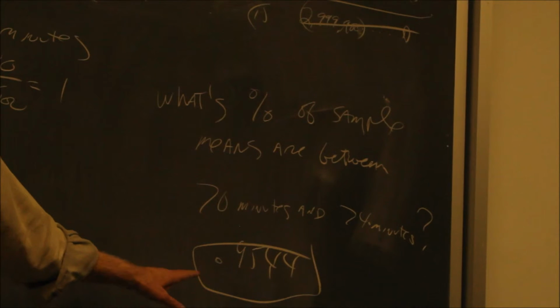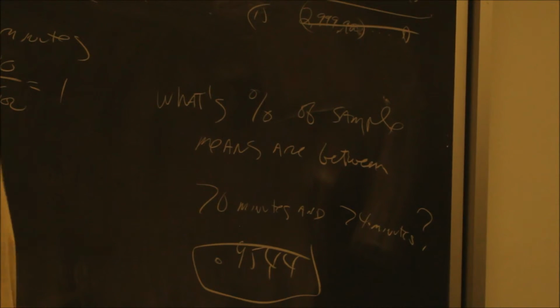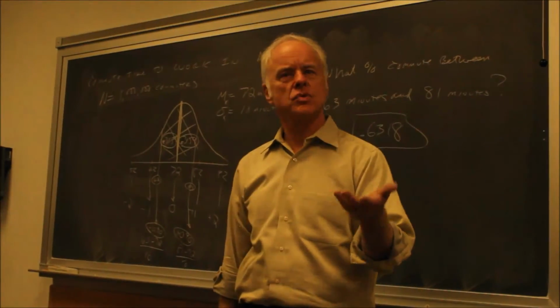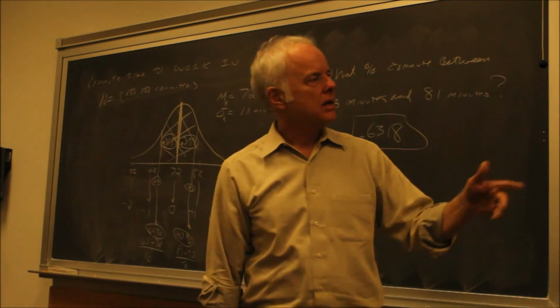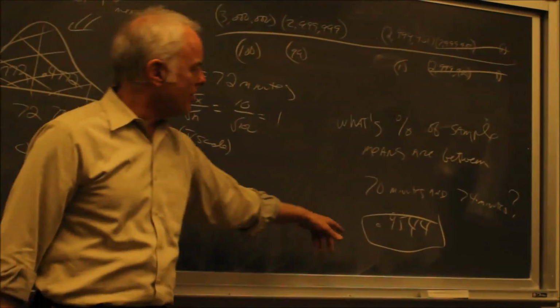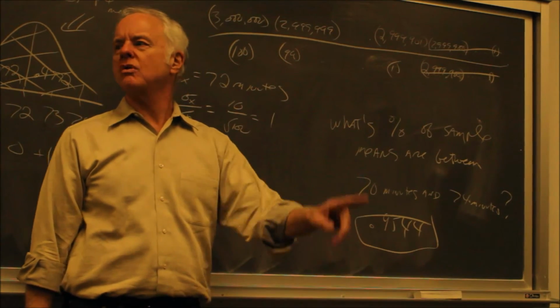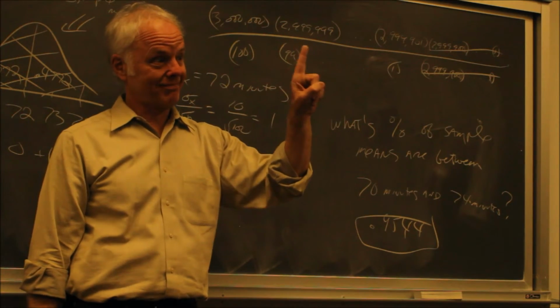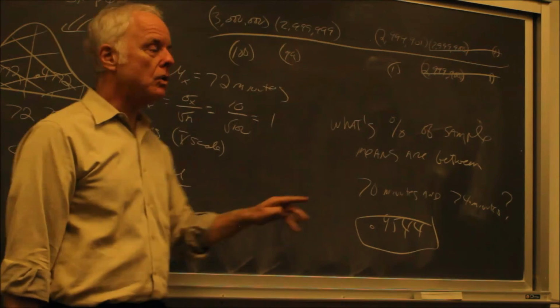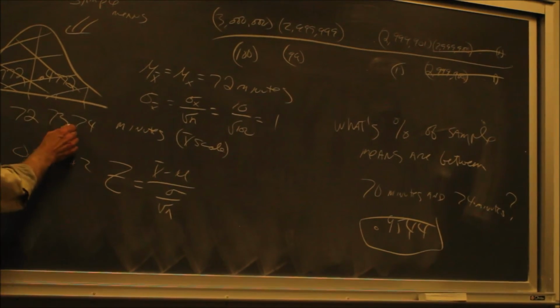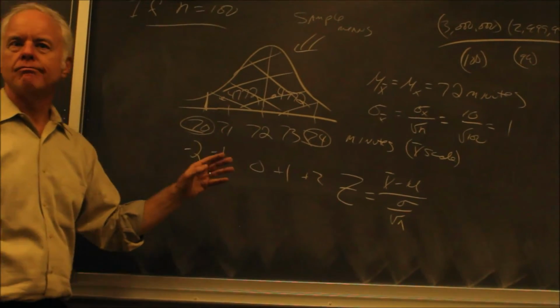This says that if you have a sample of 100, just 100, there's a more than 95% chance that when you go survey your one sample, just one, you're going to get a sample mean between 70 and 74 minutes.